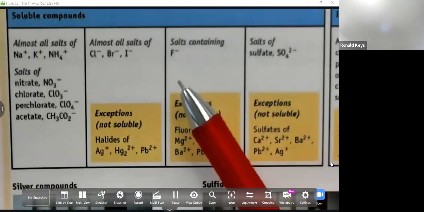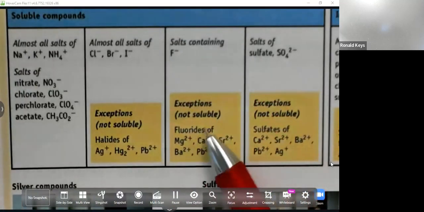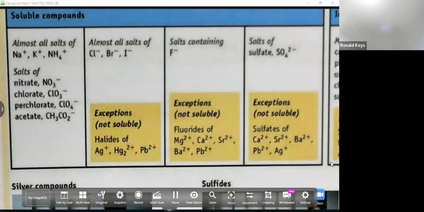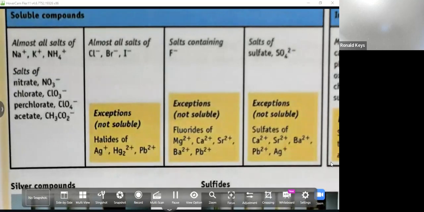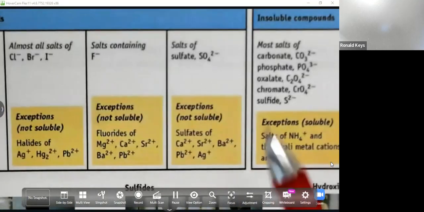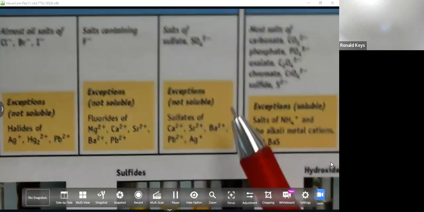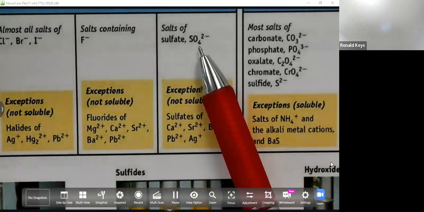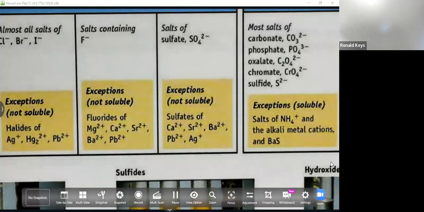Salts containing fluoride, most dissolve. Here are these exceptions. See, there are always exceptions. So we just have a grid to look at, like what's on the backside of the pink sheet. It works out pretty well. Most sulfates are soluble. These are some exceptions.